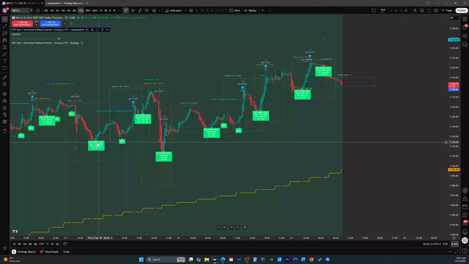It will not reset from this entry over here for another 100 ticks, because then it's like moving the goalpost. So that's another update. 100 ticks, this is the entry. What else did I update?